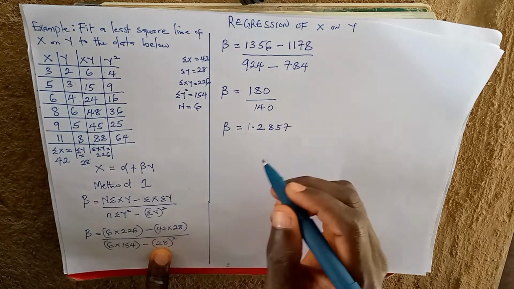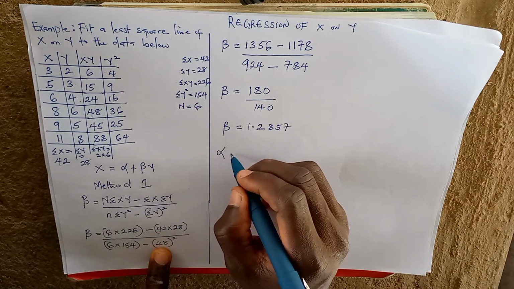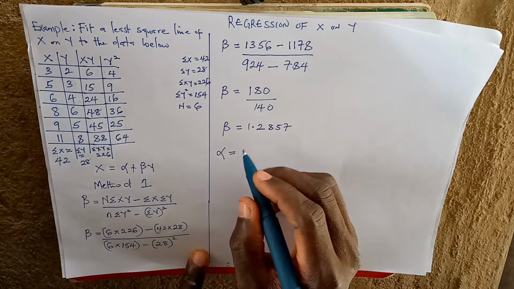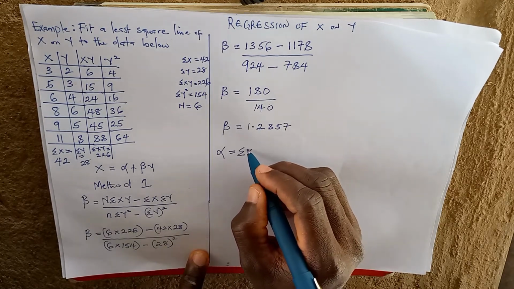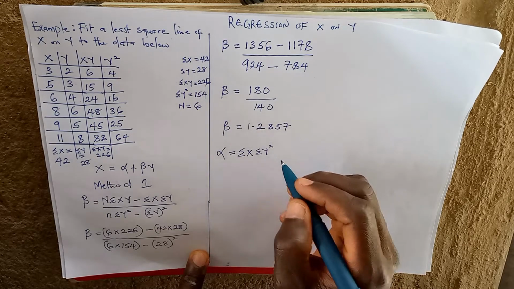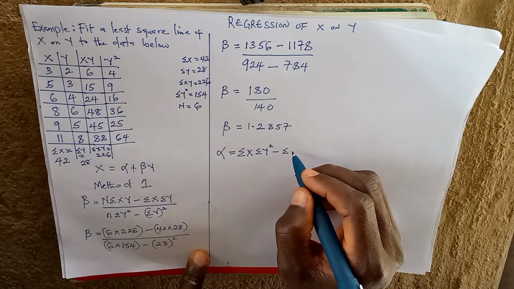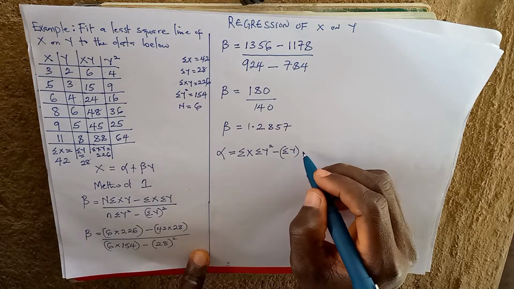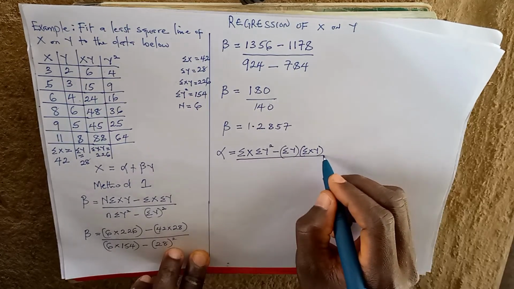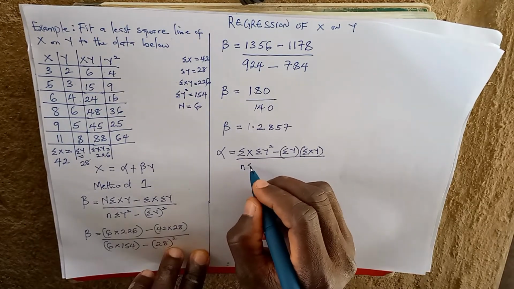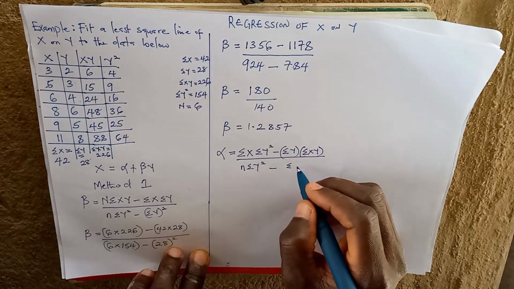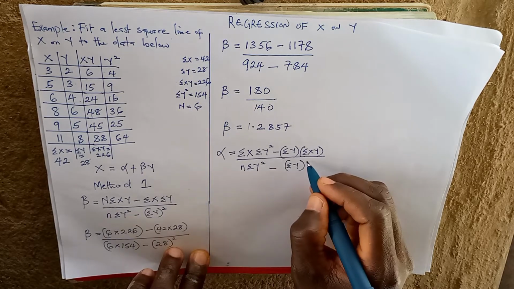Now the first method is this. You have alpha equals, let's look at the formula. In the formula we have summation x times summation y squared, minus summation y times summation xy, all divided by n summation y squared minus summation y all squared.